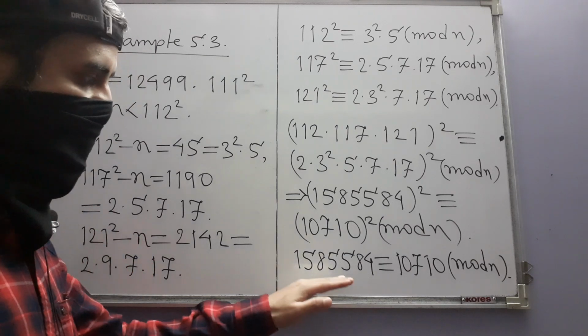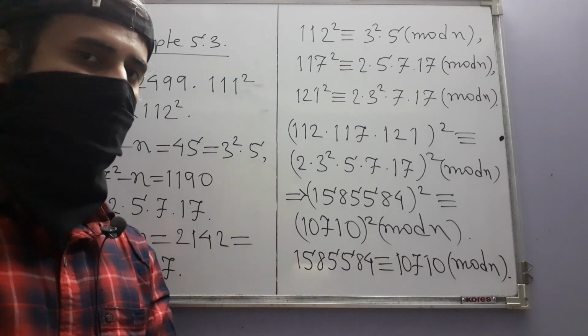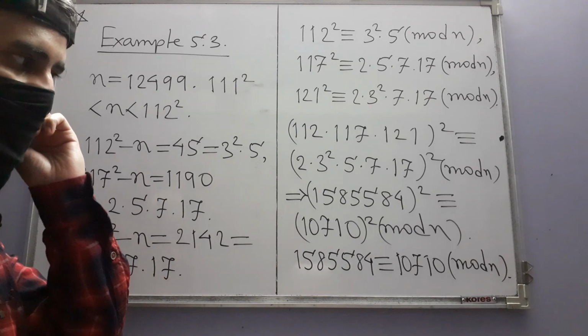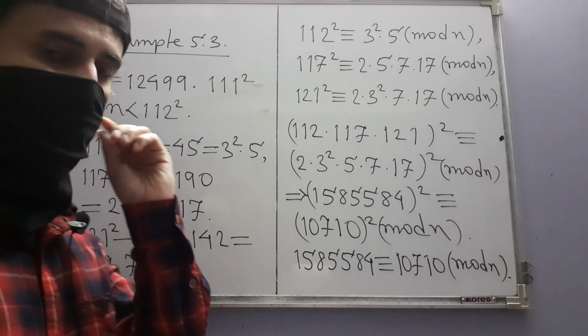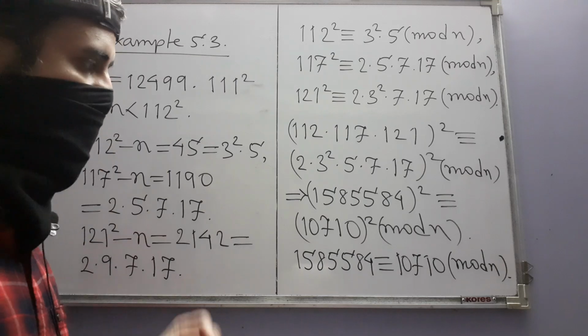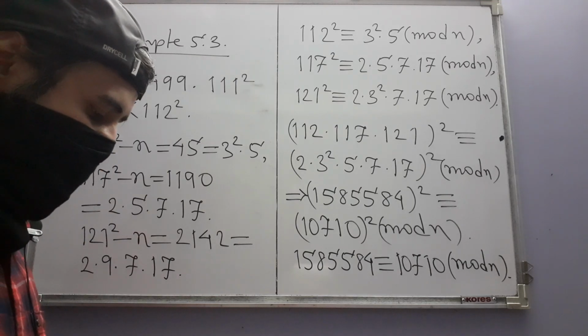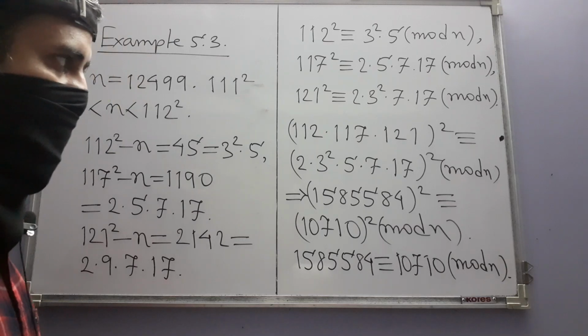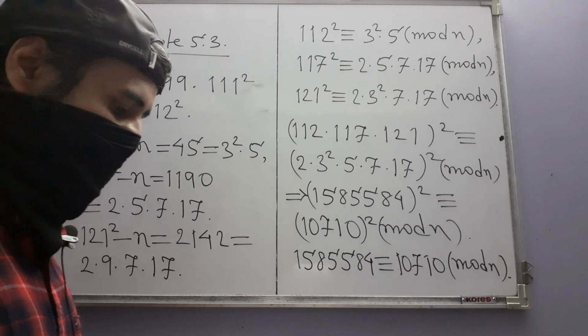So that means x is congruent to y mod n, and that is why we won't really get a non-trivial D, no matter which D we use. So even after going through so much trouble, we did not get anything in return.